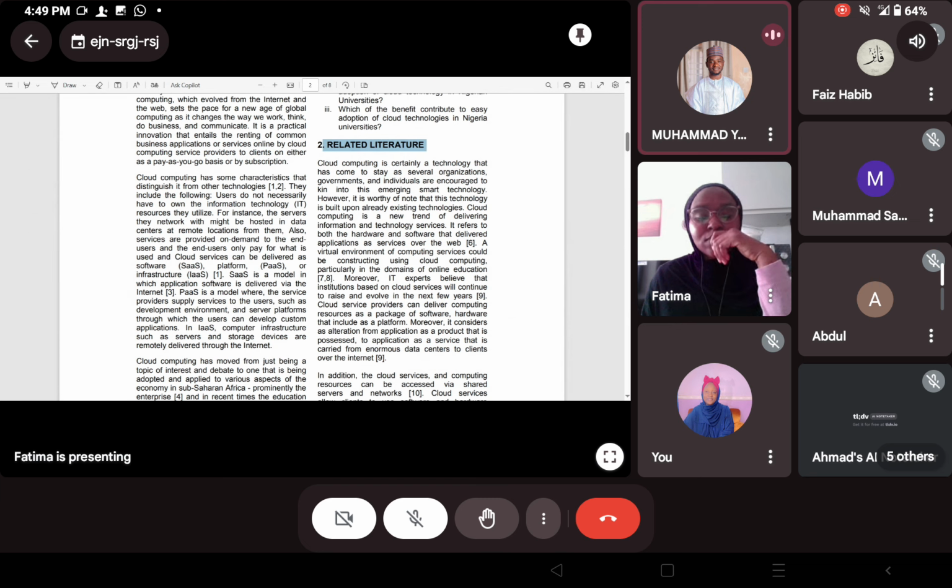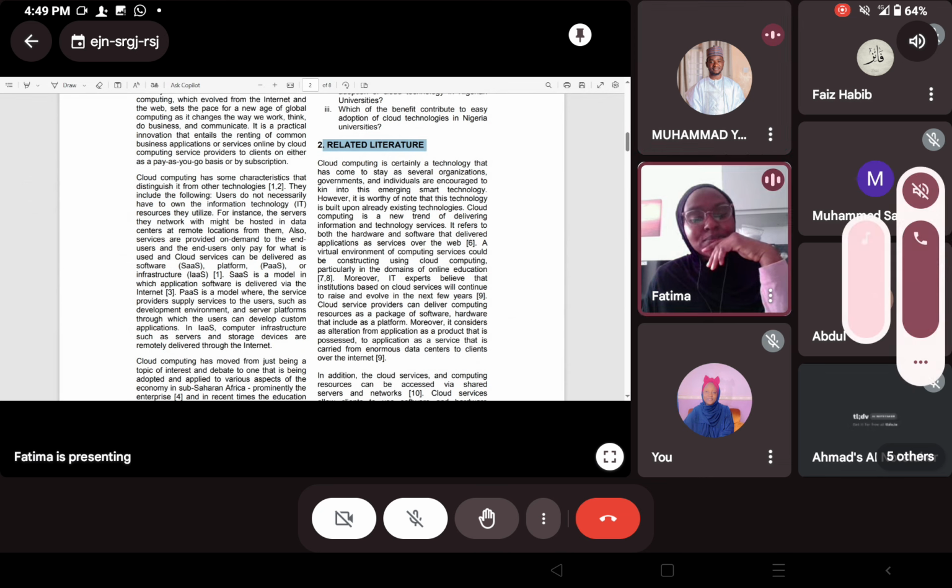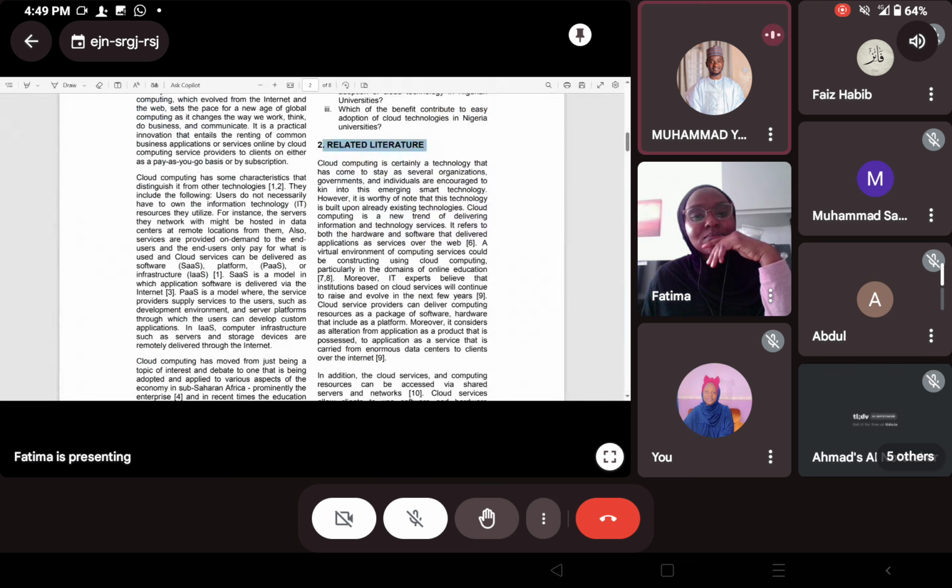The reason why I don't want to be more specific to the library is that I don't want the supervisor or the institution to see that I'm still restricting myself to the library. Since I started applying for masters, I have never seen anywhere that they write library and information science.